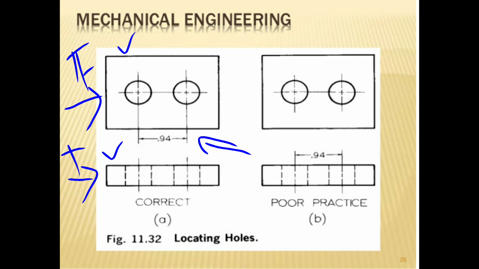If it is 9.4 centimeter, then it is put in the middle only. And this is the wrong method, as it doesn't show the same dimension over there. In both diagrams the dimension is the same, from center to center.